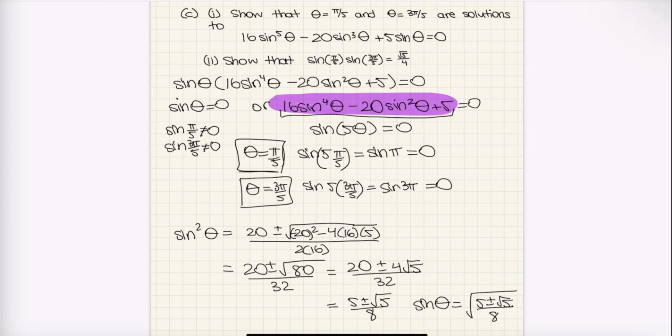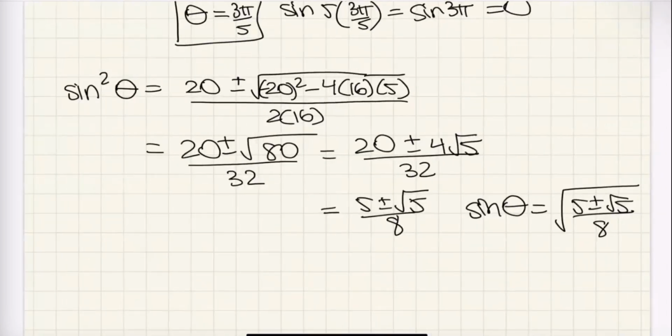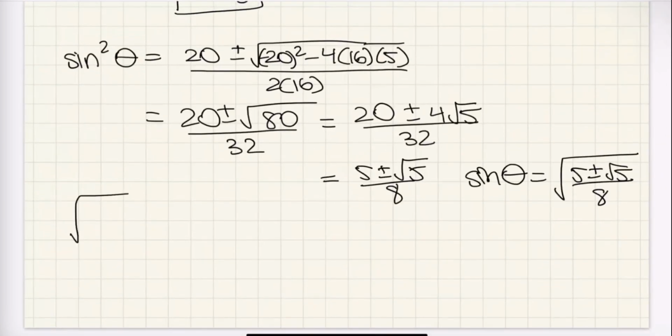If we do that, we end up with the square root of (5 plus or minus root 5) over 8 times the square root of (5 plus or minus root 5) over 8. In this case, one of them is going to be plus and one of them is going to be minus, so we have to multiply them.